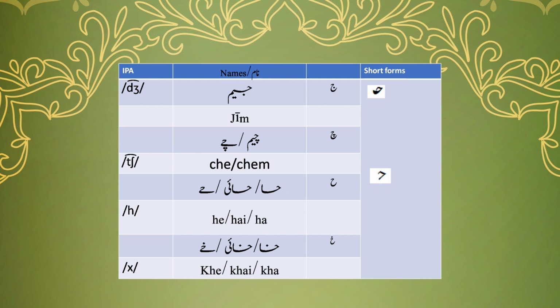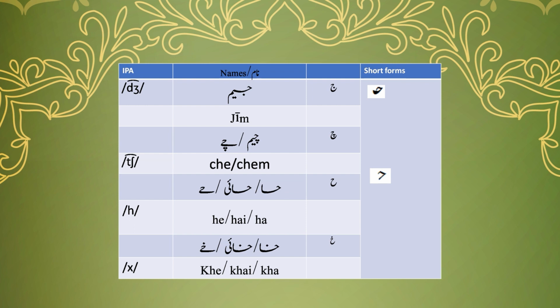We name the alphabets, mostly in Urdu, with Badi Ye, Yae Majhul, Hey. So you have to remember this, but some people call it with Alif Ya, and some people name it with Alif. But in Urdu we mostly name them with Badi Ya, Hey, Che, and the fourth alphabet is Hey.